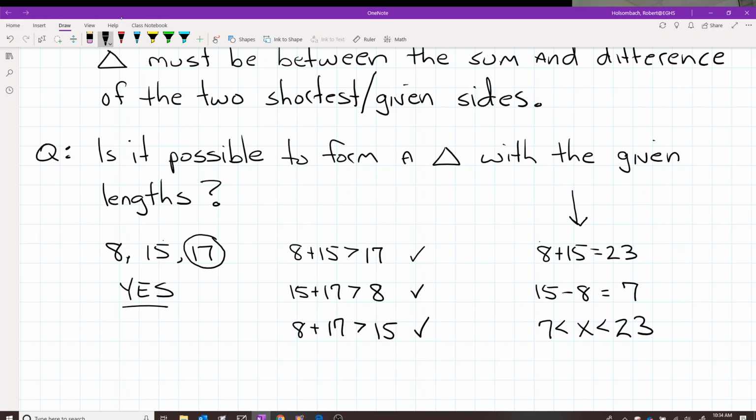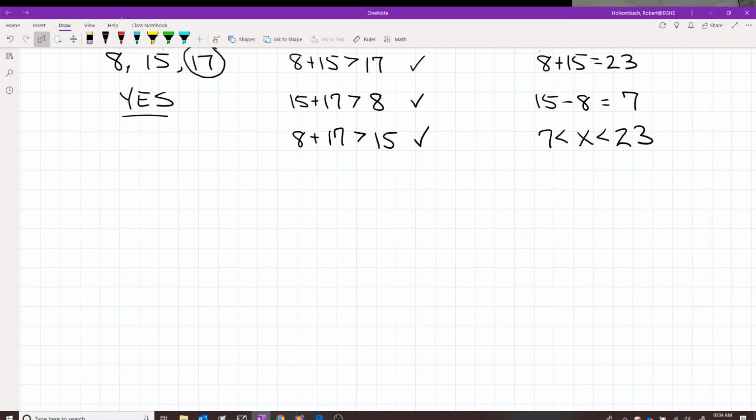Okay? So let's try the lengths 6, 8, and 14. I just take the 6 plus the 8. That equals 14. The 8 minus the 6 is equal to 2.